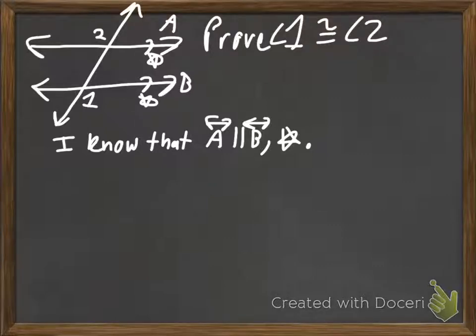Well, if we look at where 1 and 2 are, we know from our previous lessons that these are alternate exterior angles. Well, we know that all alternate exterior angles are congruent.